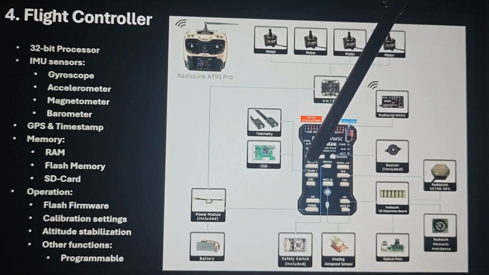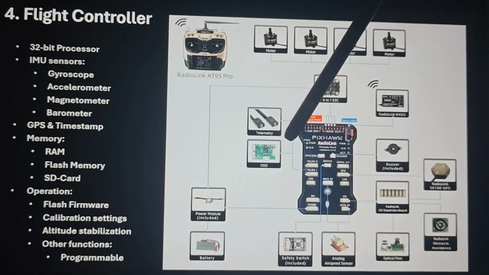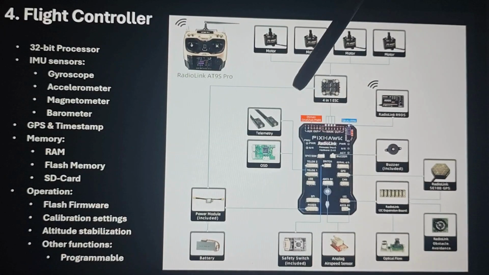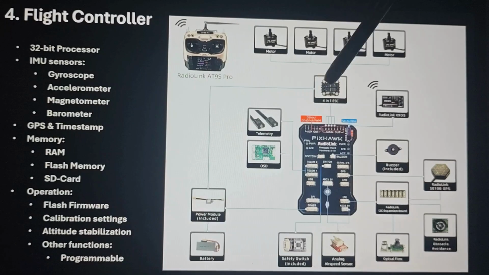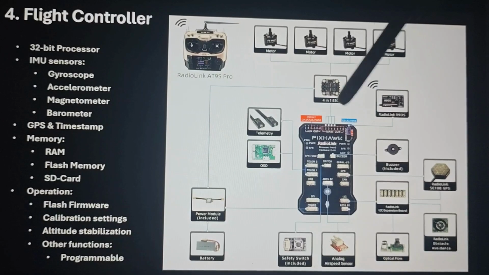It also has the flexibility of telemetry, and it provides the telemetry, and also on screen display it has access. And moreover, this part is the remote controller which controls the drone aspects, and the receiver part is this one which directly connects to the flight controller.